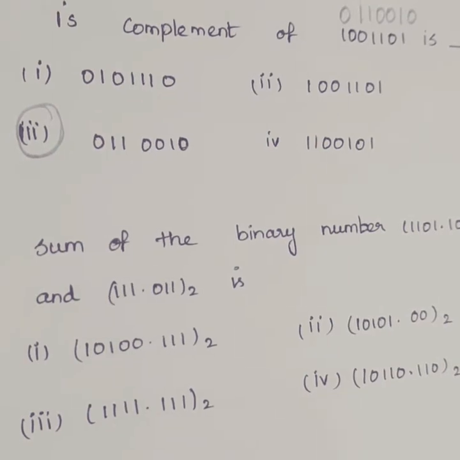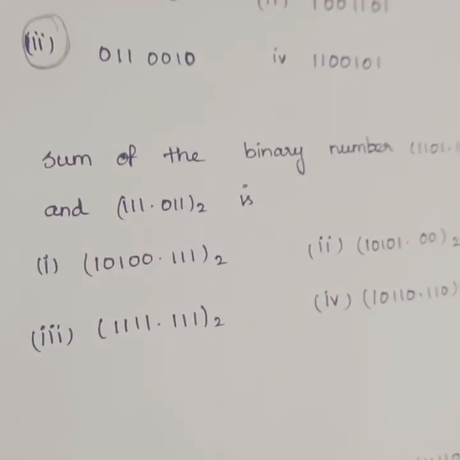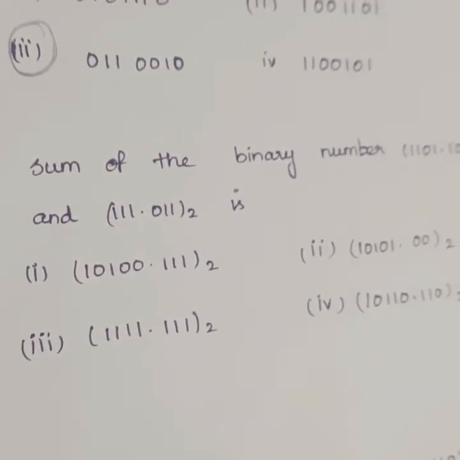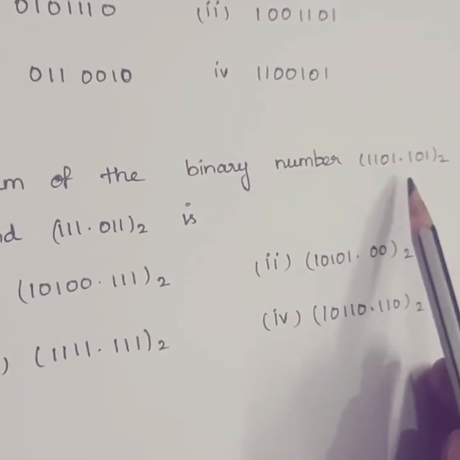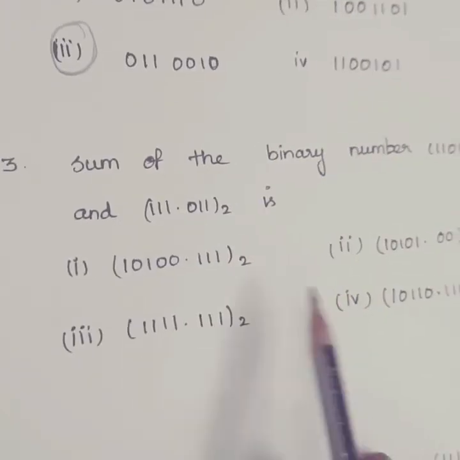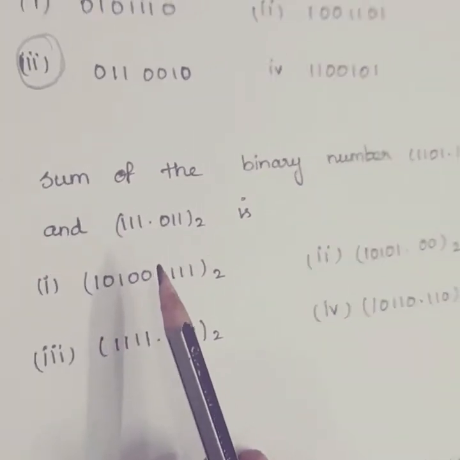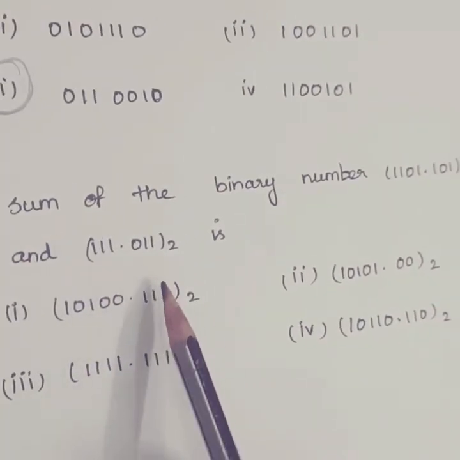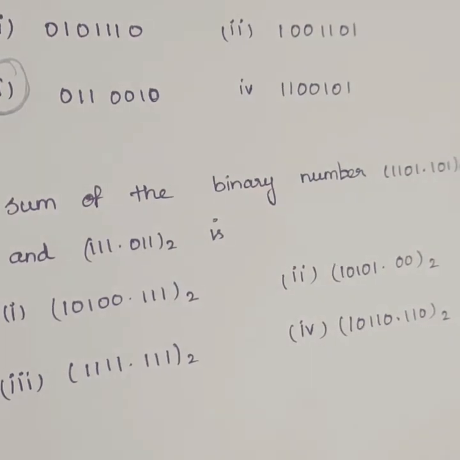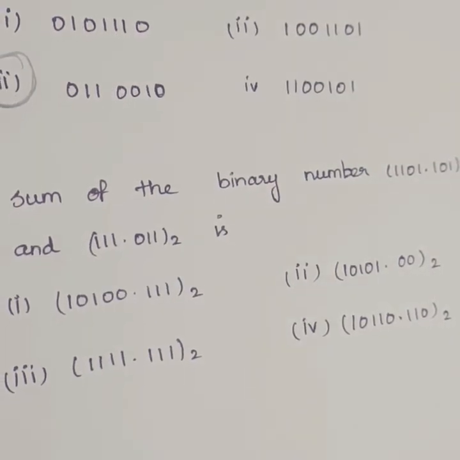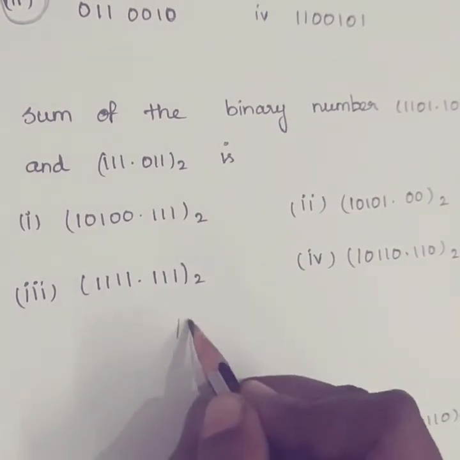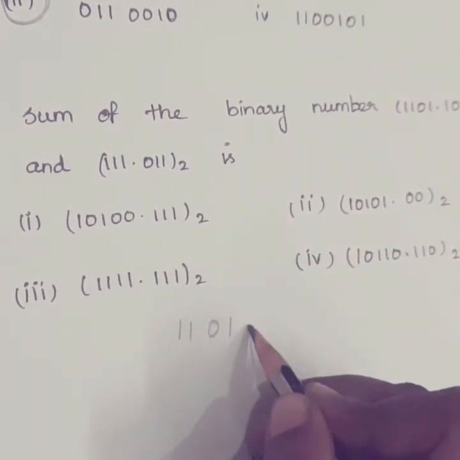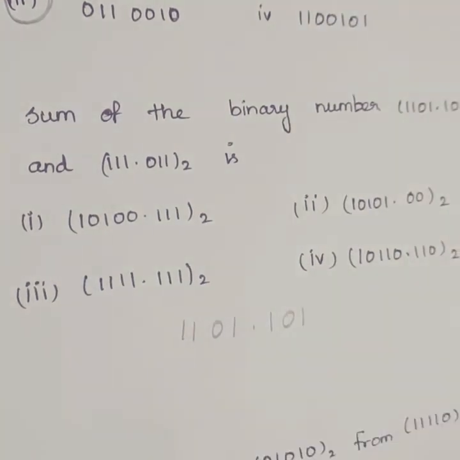Next, the sum of the binary numbers 1101.101 and 111.011. It is a binary number and you have to add these two numbers. So this one is 1101.101.